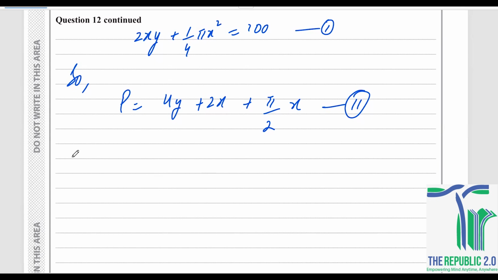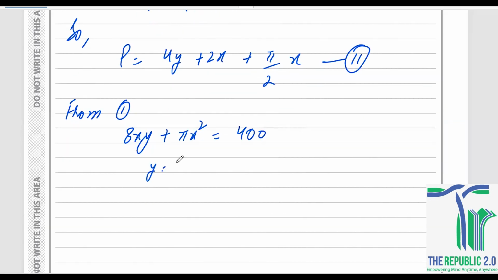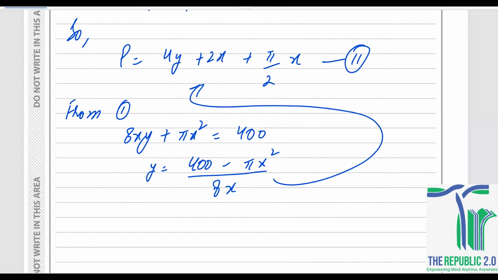From equation number 1, first of all, I'm going to multiply every side by 4. 4 times 2 is 8xy plus πx², and 4 times 100 is 400. Then y would be (400 − πx²) divided by 8x. That is how we get the value of y. Now just plug that value of y into this equation and sort it out.